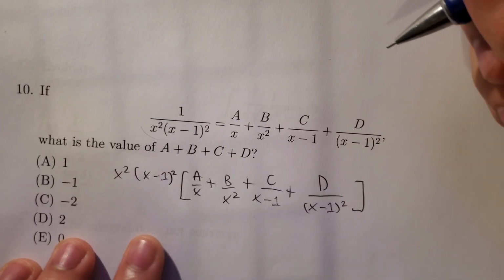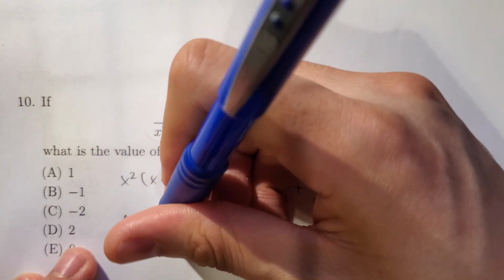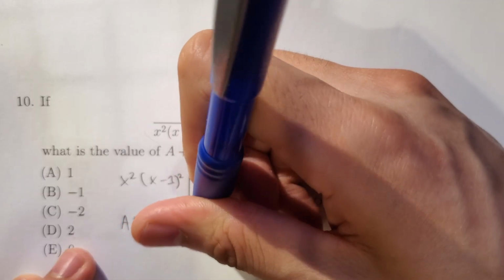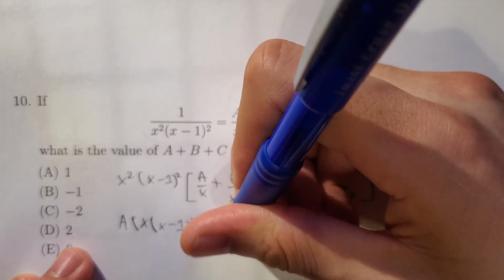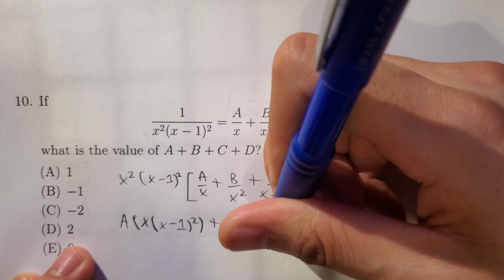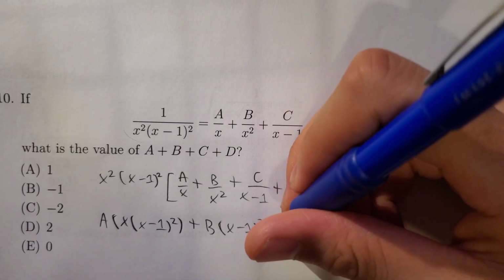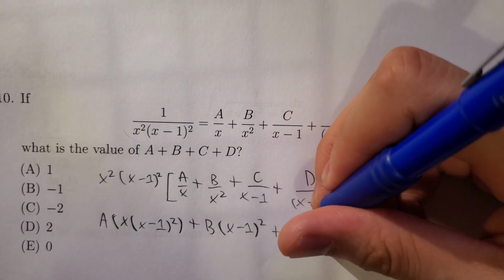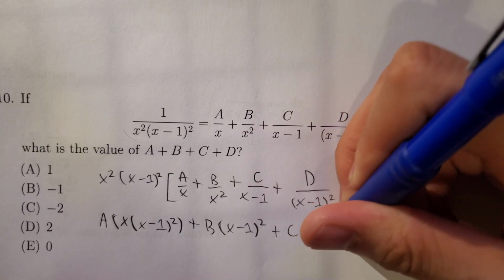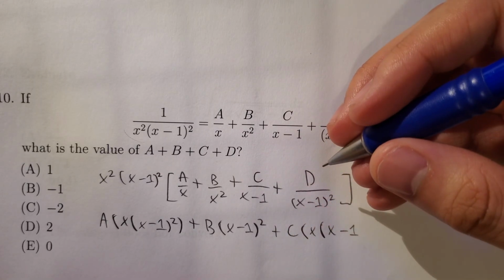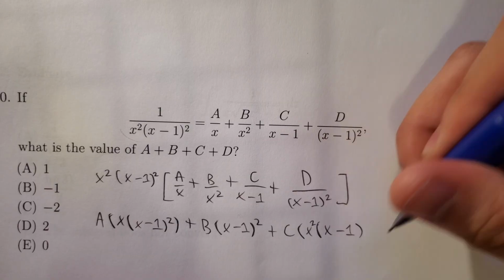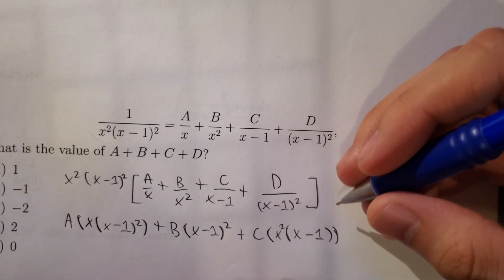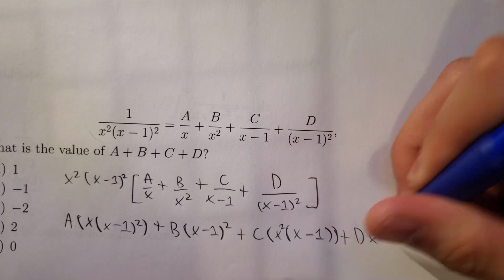And when you multiply that out, you end up with a times x times (x minus 1) squared plus b times (x minus 1) squared plus c times x squared times (x minus 1), and then plus d x squared.